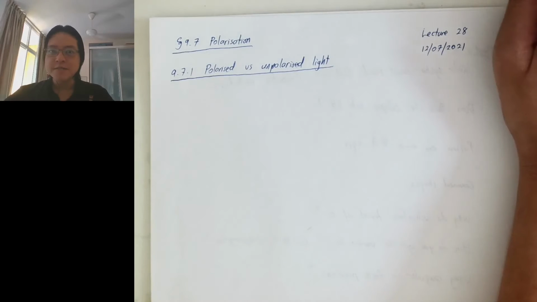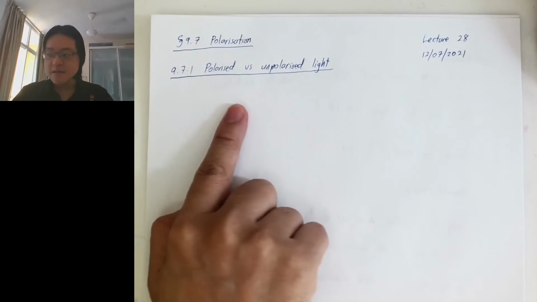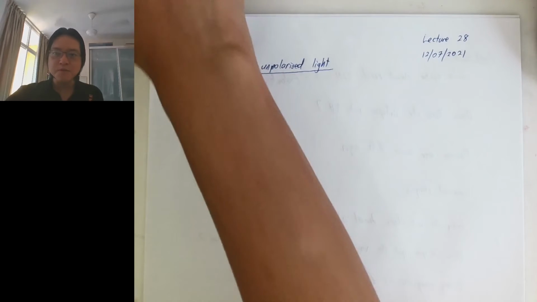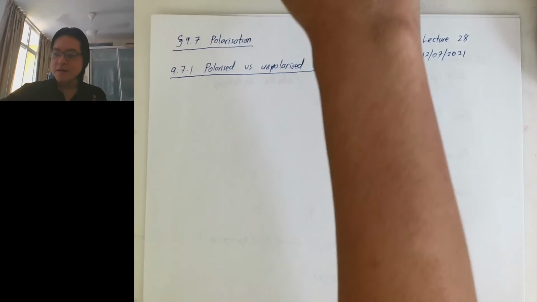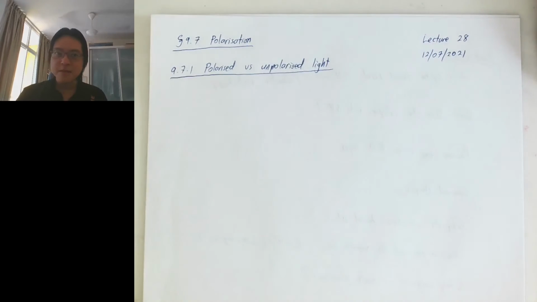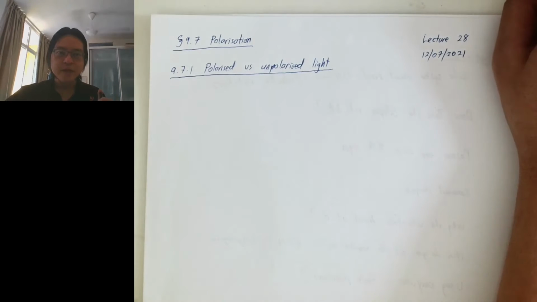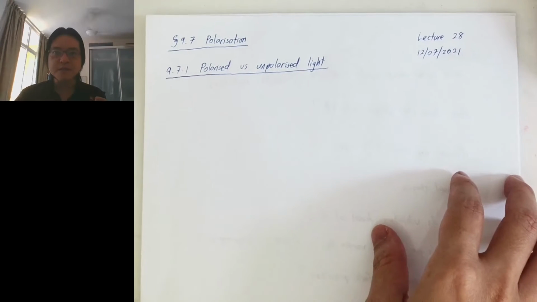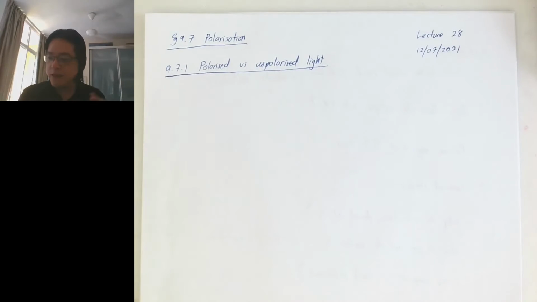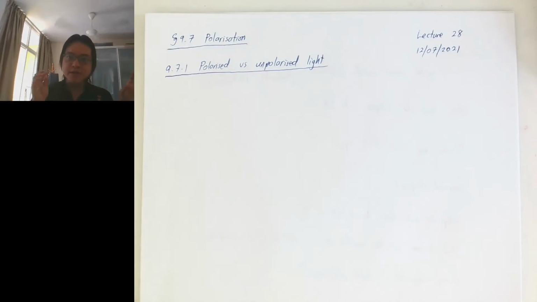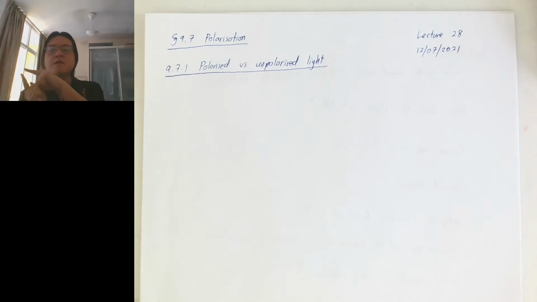So we just have one last topic to talk about today, and we'll probably finish the final topic of this syllabus today. The plan for the remaining few days of the semester is that we talk about polarization today, and then there are a few things I didn't have time to finish when we were talking about interference and phase differences.